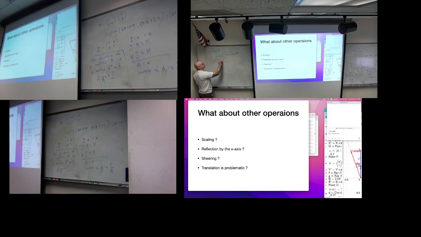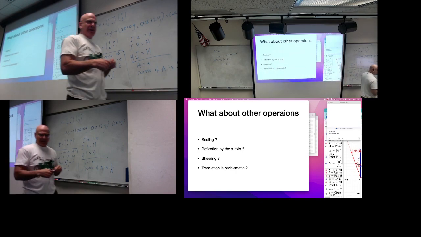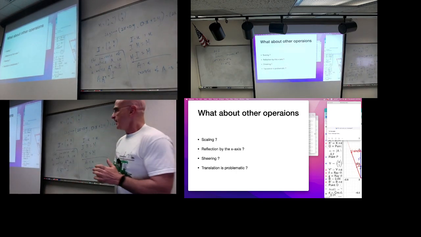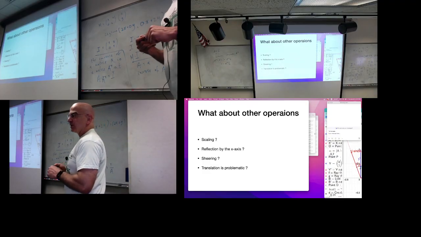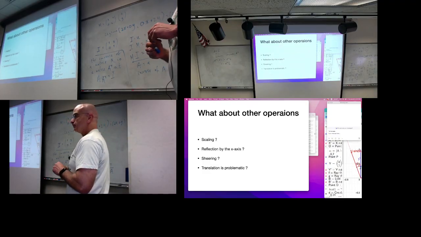So A minus 1 times A times x should be A minus 1 times b, and this cancels this, so we are left with x equals A minus 1 b in general. So that's how solving a linear system of equations and finding the inverse of the matrix are very much related to each other.